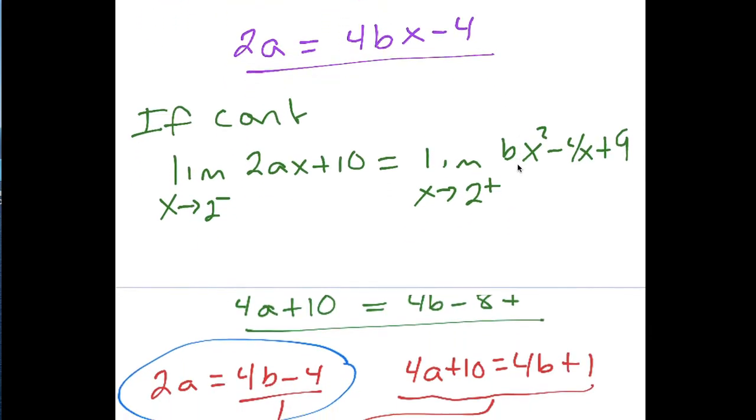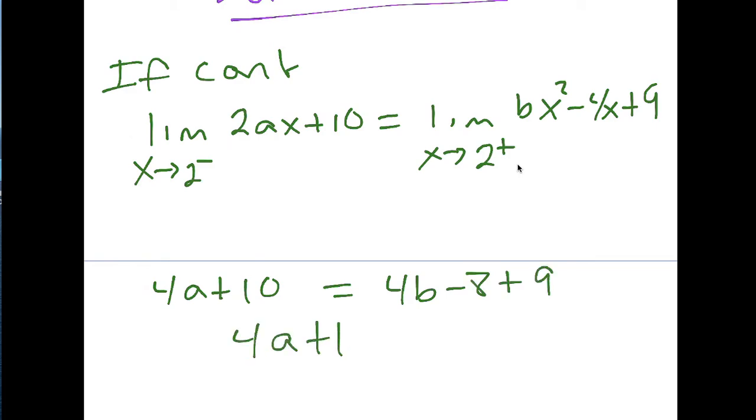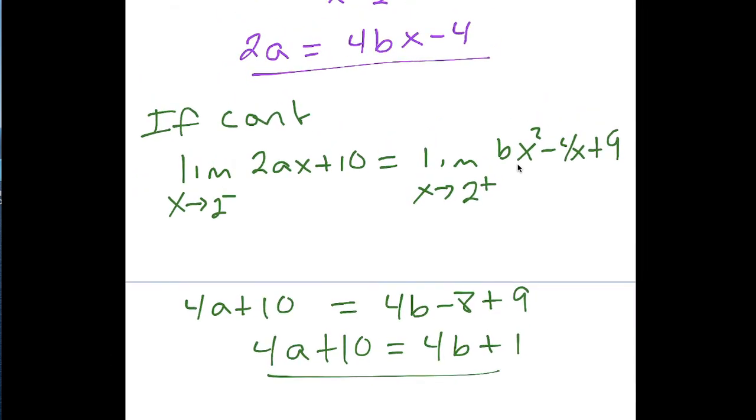Now I'm going to do some simplification. I get to plug in 2, so I get 4a plus 10 needs to equal 4b minus 8 plus 9, or 4a plus 10 has to equal 4b plus 1. So we have these two equations. Two variables, two equations, we can just solve them.